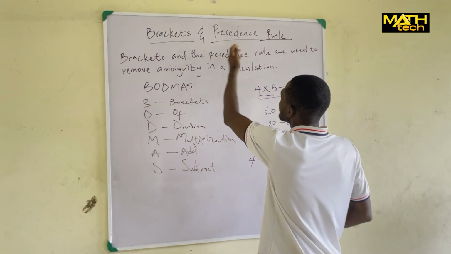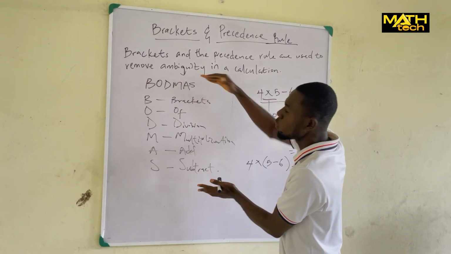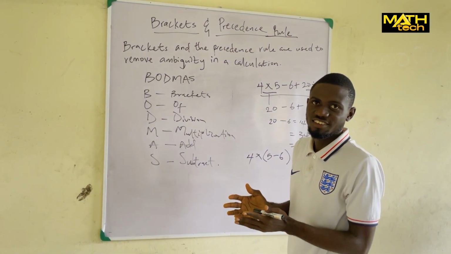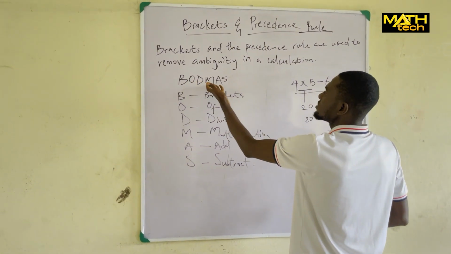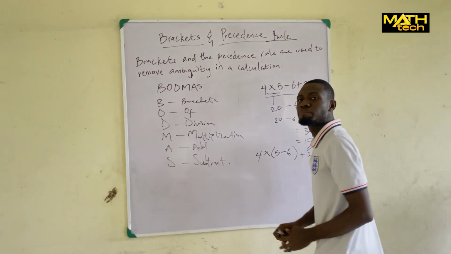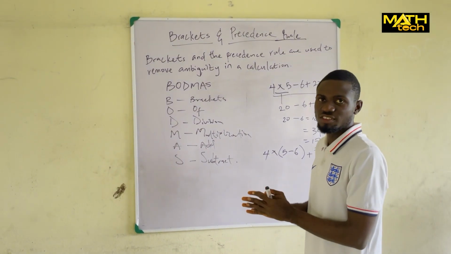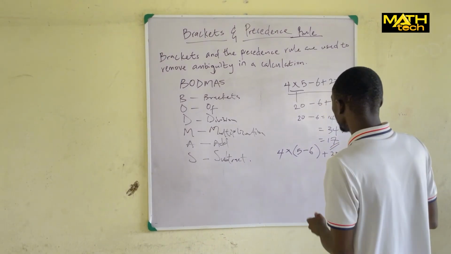Now, brackets and precedence, this topic is still tied under the word BODMAS: brackets, of, division, multiplication, addition, and subtraction. Brackets precedes all of it. Brackets precede all other operators. So we'll start with the brackets.